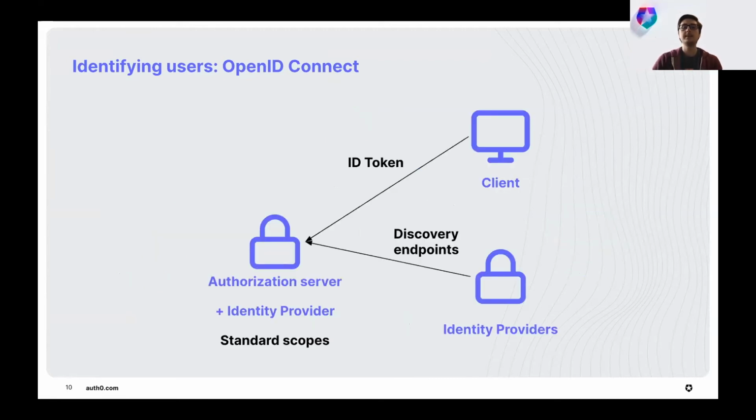And what OpenID Connect really does is it specifies for identity providers what are these standard endpoints. So we talked about Outlook redirecting myself to Google. What URL should I be redirected to in order to do something?